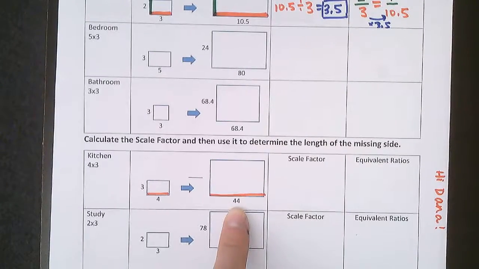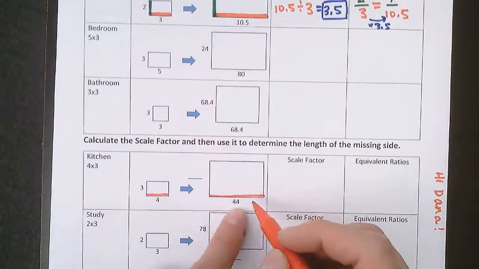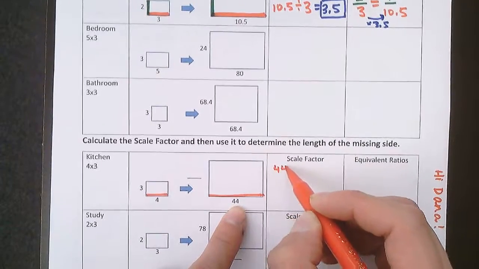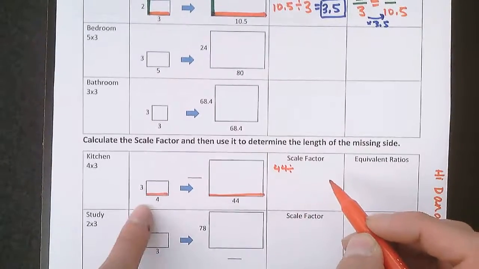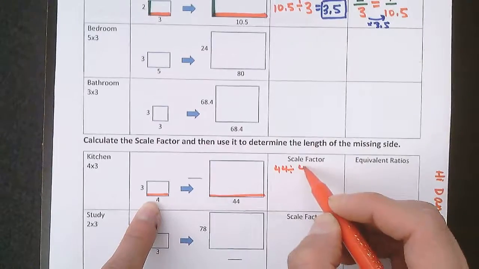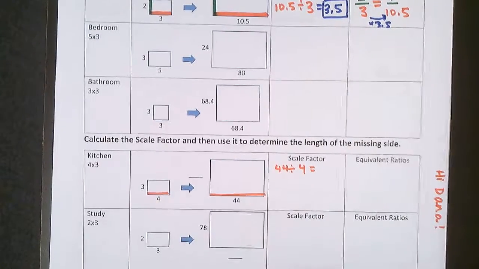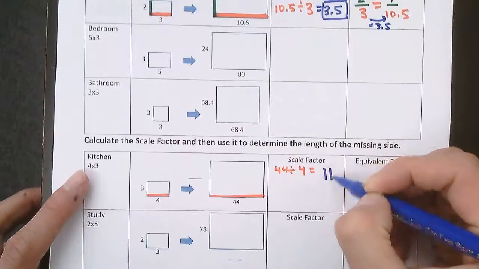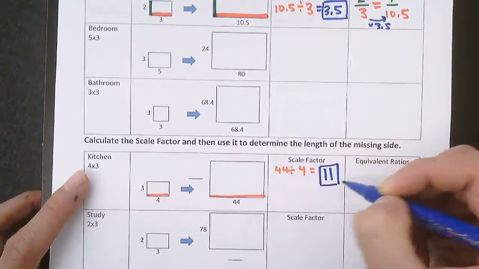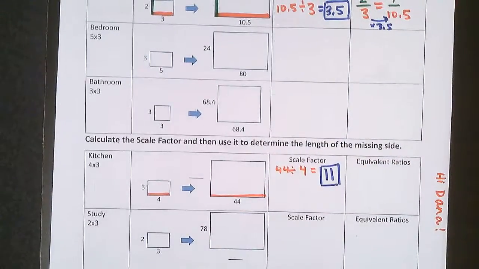So to find the scale factor, I can divide this larger side, 44, by its matching smaller side, 4. And 44 divided by 4 is 11. So my scale factor, I'm going to put a box around it, is 11.